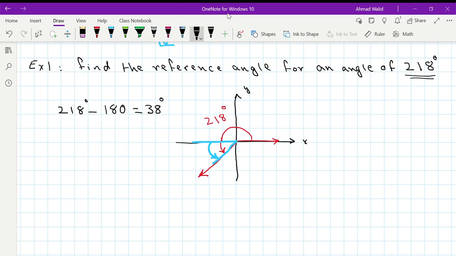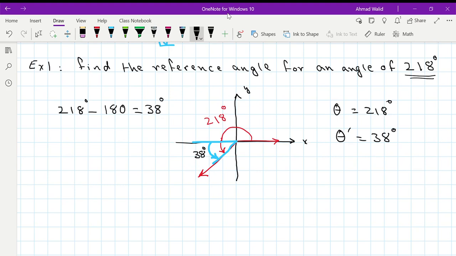Actually, your theta prime is what? 38 degrees. 38 degrees is the reference angle for 218 degrees. If your theta is 218 degrees, your theta prime, which is the reference angle, is how much? 38 degrees. Correct?